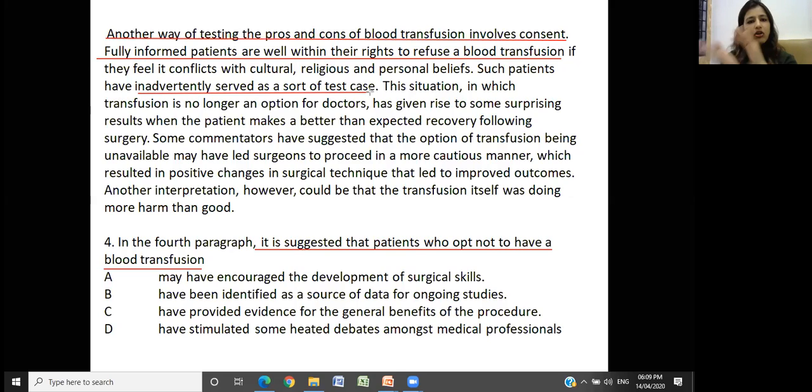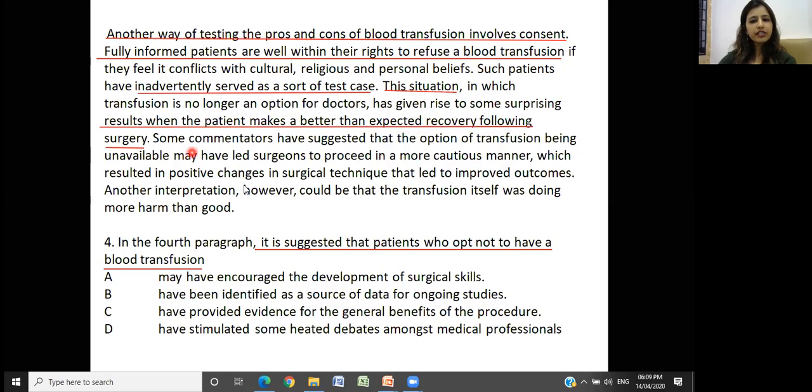So another alternative for us is that we take one patient as a test case. And then they've explained how such situations have given us results that the patient makes a better than expected recovery following surgery.